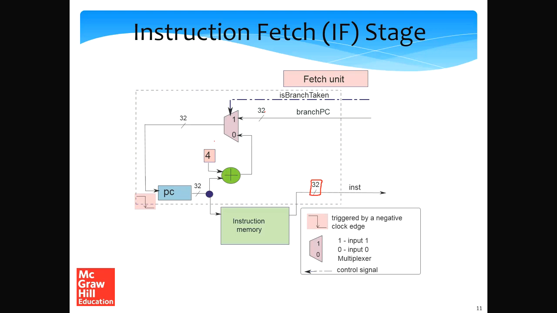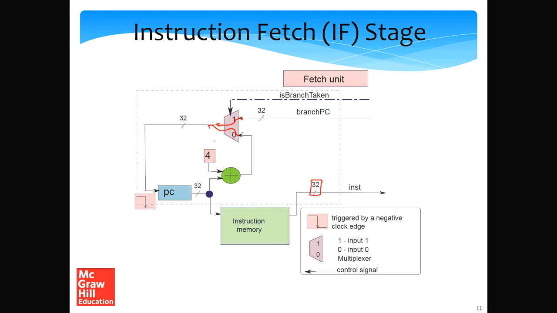We'll be using these dotted lines to indicate the control signals for controlling the multiplexers. We're assuming a signal called is branch taken, which is coming from another stage. If it's a taken branch, then this value flows out. If it's a not taken branch or not a branch, then PC plus 4 flows out. So this controls the multiplexer.